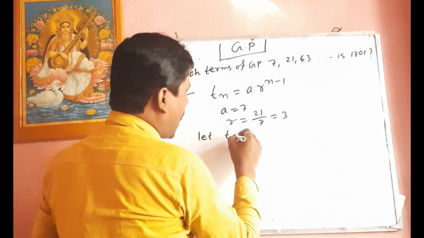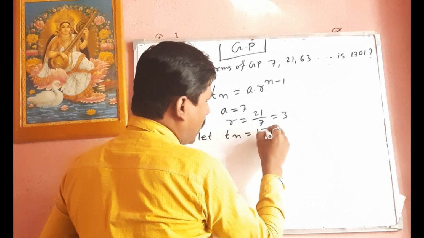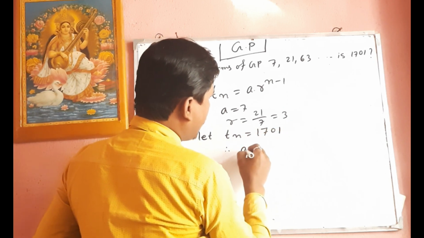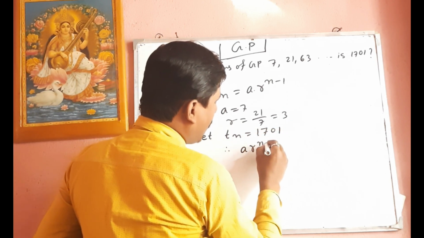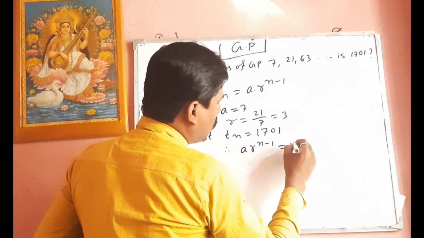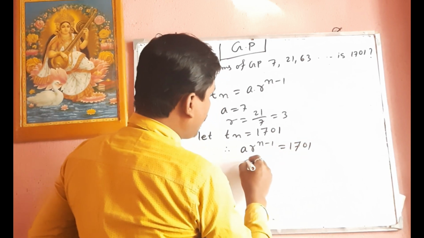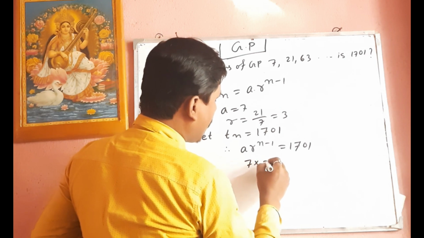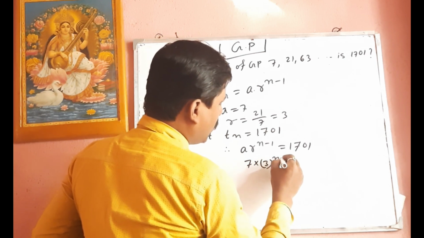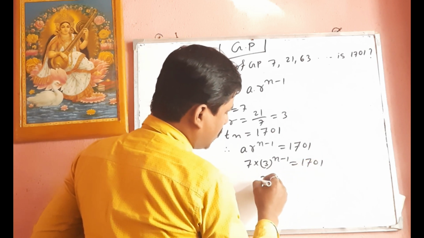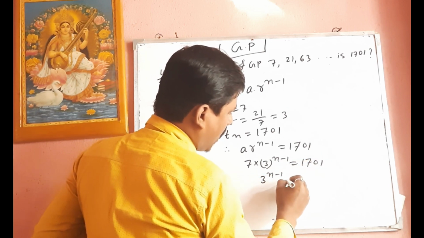Let Tn be equal to 1701. That is a into r to the power n minus 1 is equal to 1701. So putting the value of a and r, we get 1701 equals 7 times 3 to the power n minus 1.